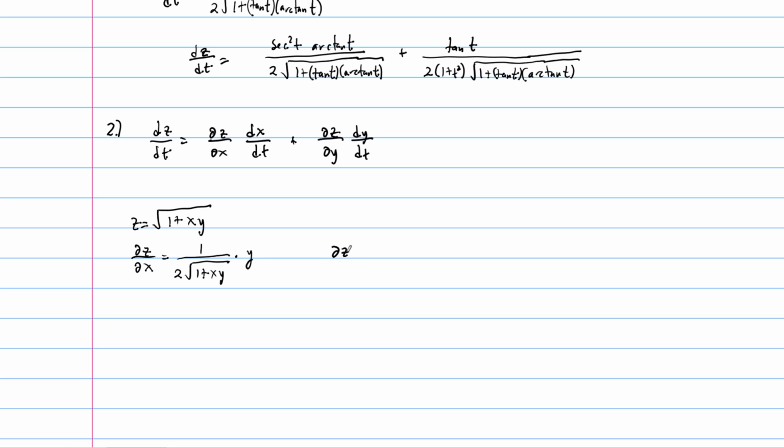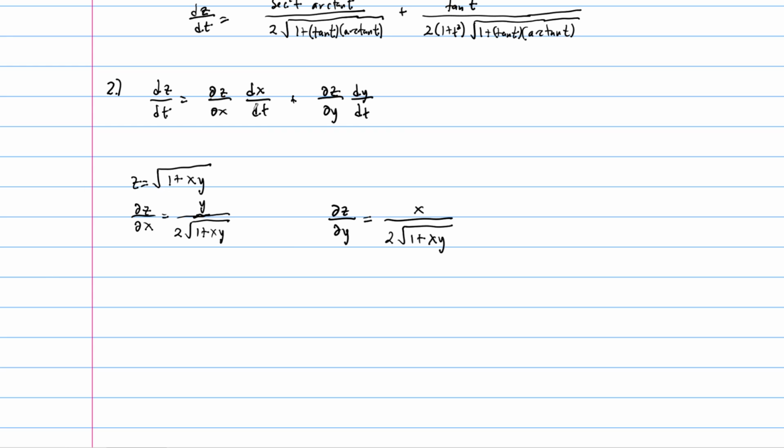All right. Similarly, and really very similarly, this is symmetric, right? So dz/dy is going to be the same argument, except the y derivative in the chain rule portion is going to give us just an x. So this one will be x over 2 times the square root of 1 plus x times y. Sorry, I'm going to move this y into the numerator on the earlier one. Okay, so there we have that.